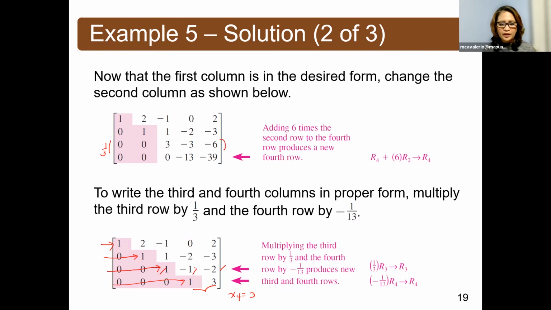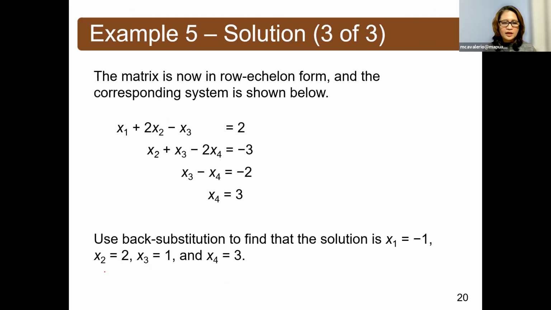And we can now apply our back substitution to solve for x sub 3. And once we know x sub 3, which is simply negative 2 plus 3, which is positive 1, we can now apply back substitution again to find x sub 2. And once x sub 2 is obtained, we can now find x sub 1. Now let's see what the answers are.